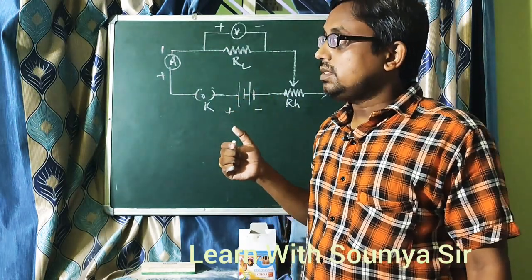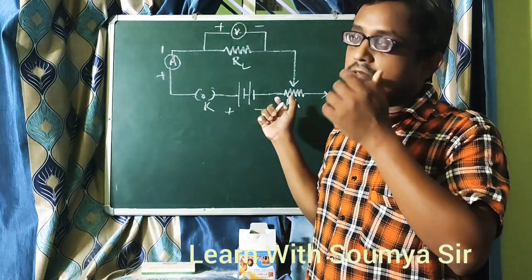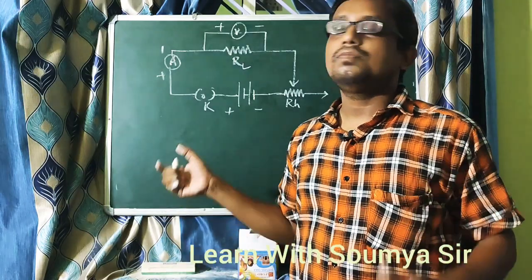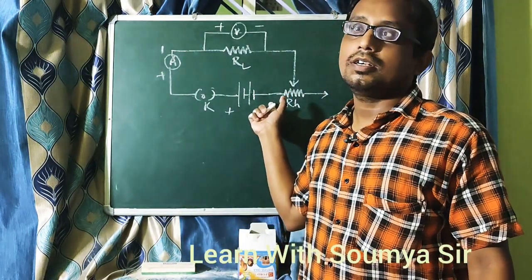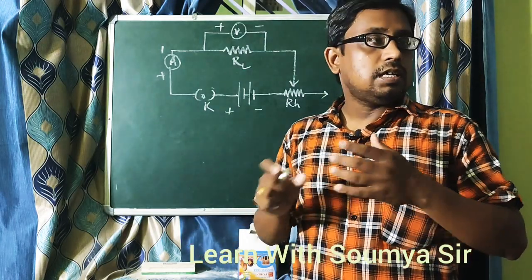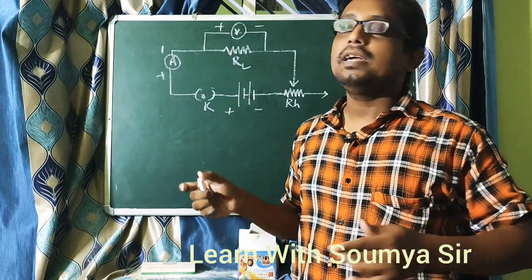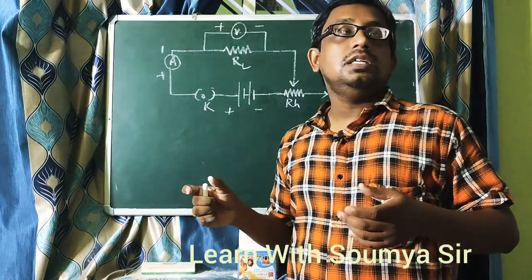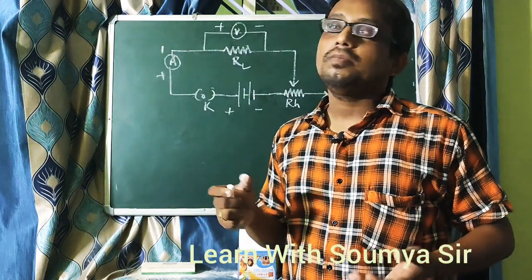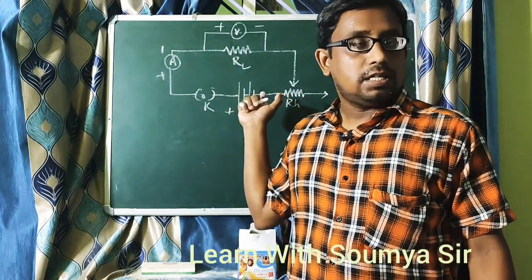Now, when we regulate the rheostat and change the value of the current flowing through the conductor with the help of the rheostat, you can take the example of the fan regulator we use in our house, that is also a rheostat.